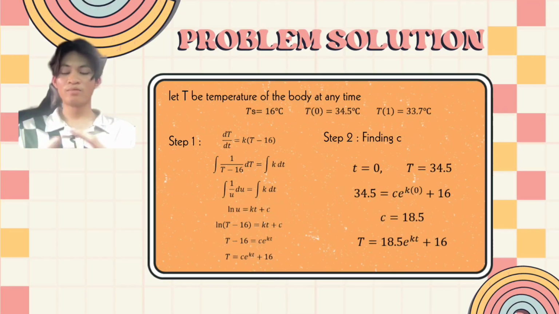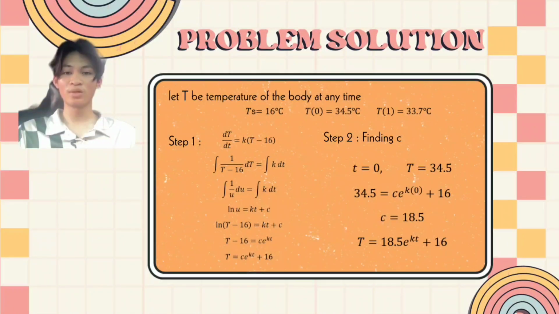Every problem has its own solution, so based on our problem statement, we can solve it by using the mathematical model of Newton's law of cooling, which is dT/dt equals K(T minus Ts). Ts is the temperature of the surroundings, T is the temperature we want to find, and K is a constant of proportionality. This equation is the base to solve our problem.